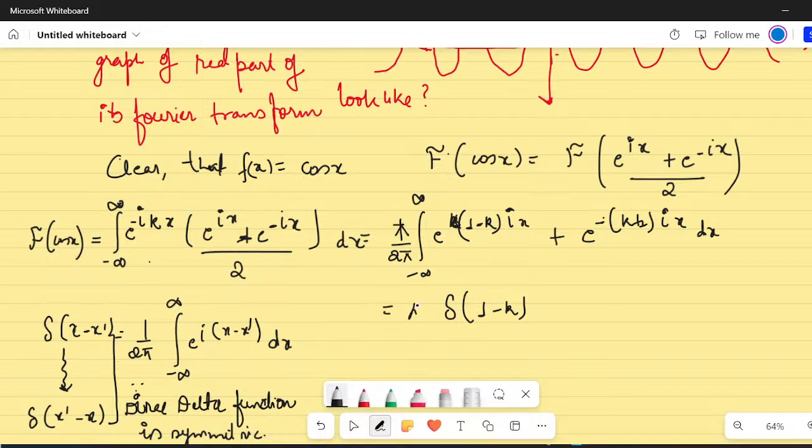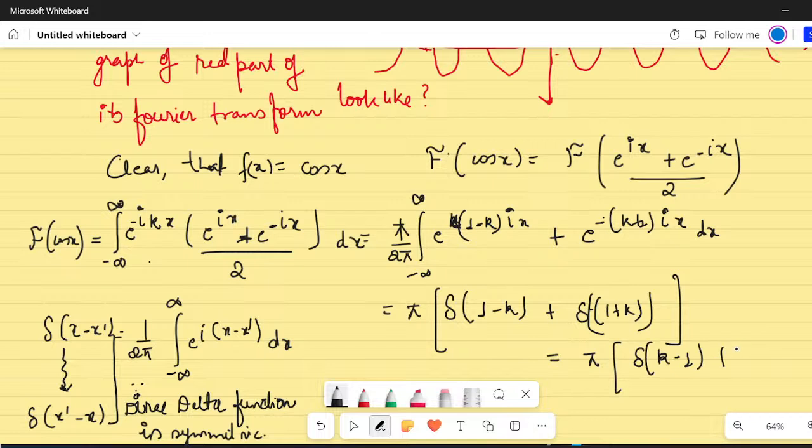So basically this is pi times Dirac of 1 minus k plus pi times Dirac of 1 plus k. Since Dirac of x minus x dash is equal to Dirac of x dash minus x, this is pi times Dirac of k minus 1 plus Dirac of k plus 1.